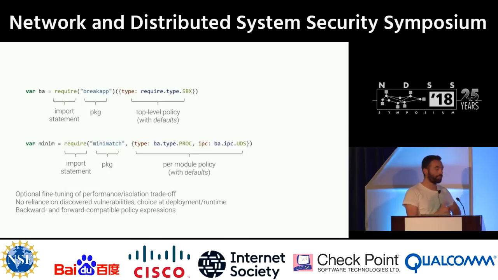A key property here is that there is no reliance on discovered malleabilities, in the sense that you can have two different applications with exactly the same dependency chain, but because the trusted part of the application is different, the use of these modules is different. Policies allow users to enable or disable behaviors based on what they know about the trusted part, the part they're building. They know why they're importing modules.